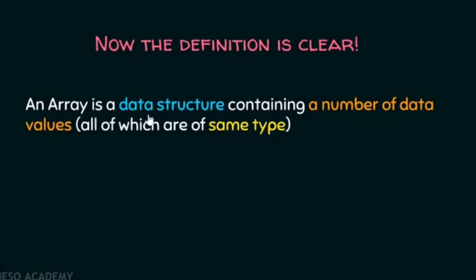First of all, it is a data structure, that is a format for organizing and storing data. Also, it consists of number of data values, and all of them must be of same type. It is not the case that one array consists of multiple types of data. It should always consist of data of same type.